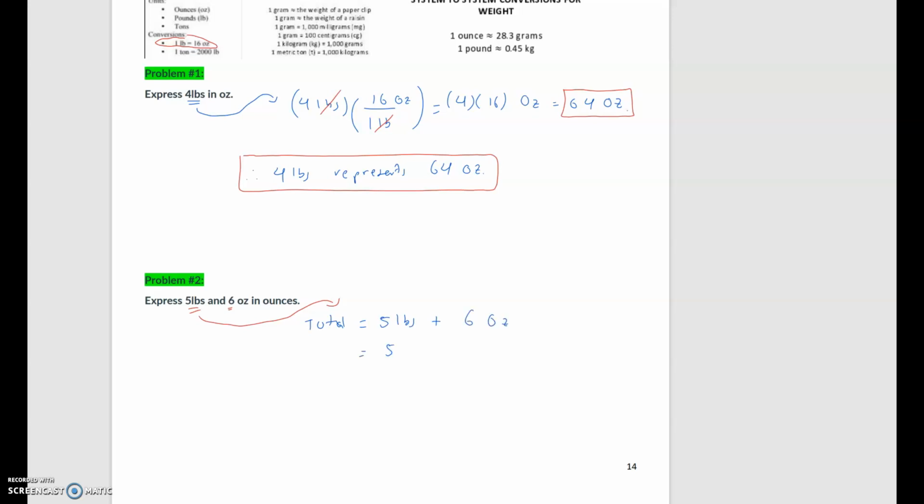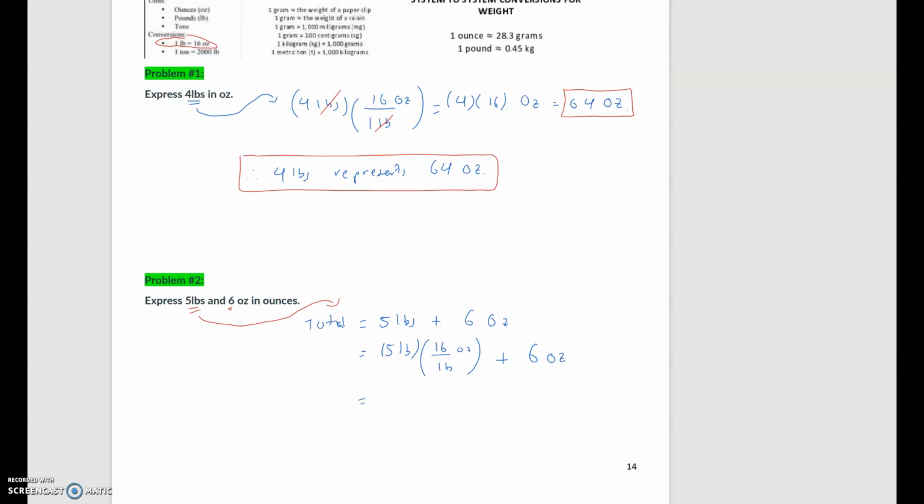And then your 5 pounds, we're simply going to do what we did on the previous problem. 1 pound is going to be 16 ounces. Plus the 6 ounces.